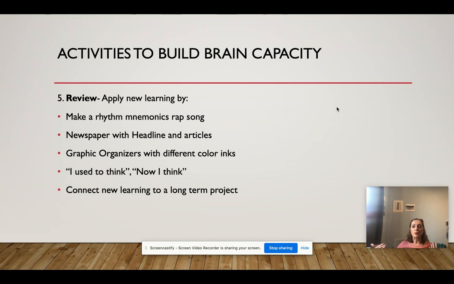Connect the new learning to a long-term project. And this is kind of creative and sometimes out of your hands if you're not the actual teacher. But doing things like garden projects, once you've learned about photosynthesis, for example, or it could be a recycling project.